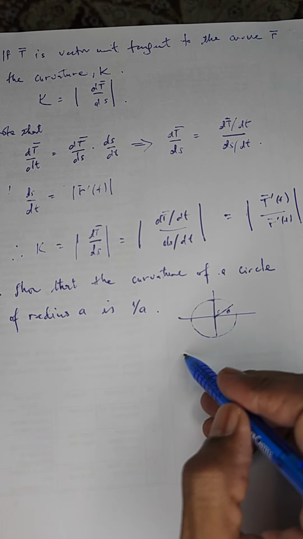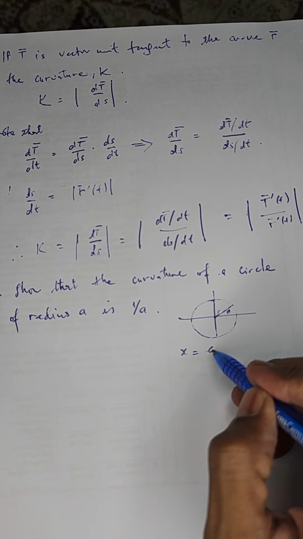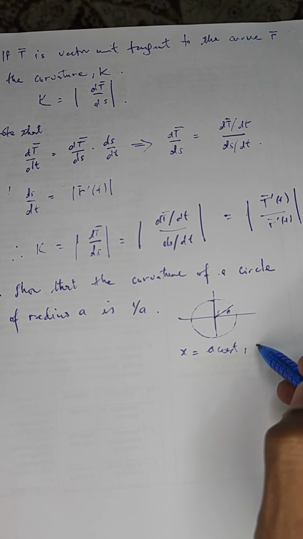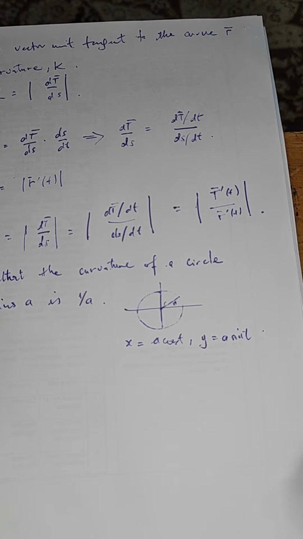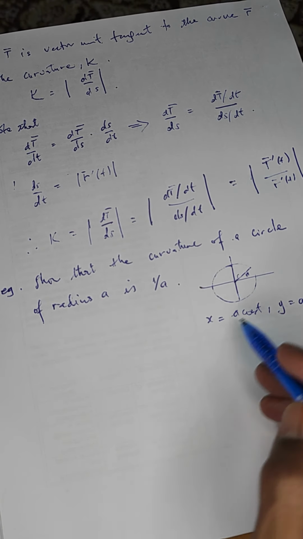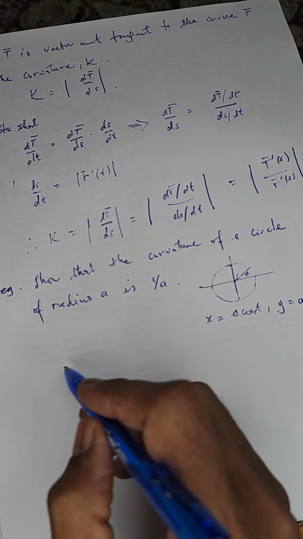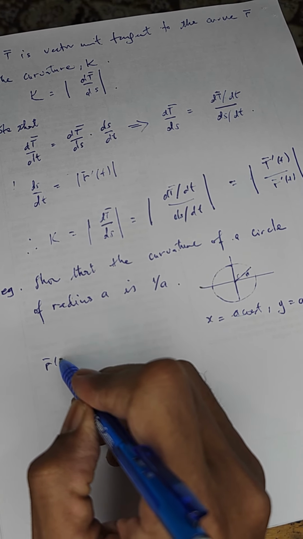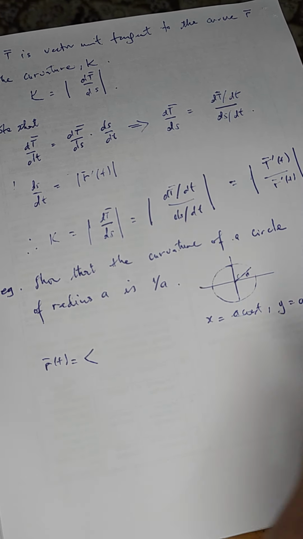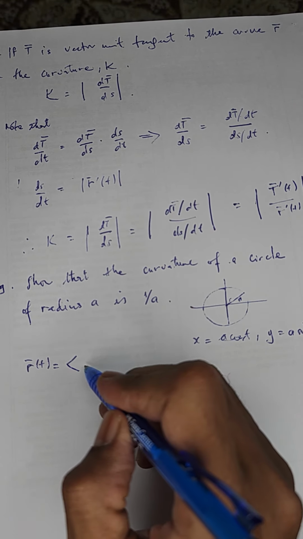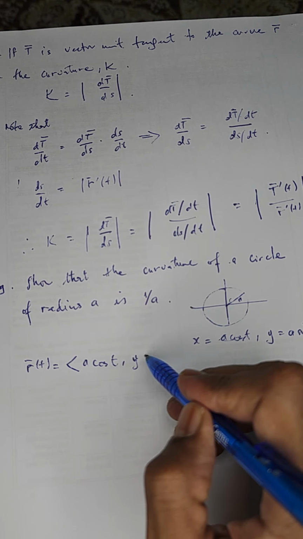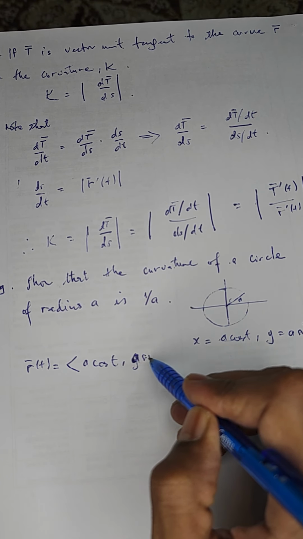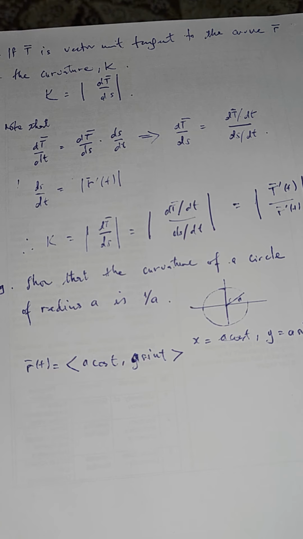So for this we have x equal to a cos t, y equal to a sin t. Therefore you can write that circle as r(t), with x component a cos t and y component a sin t.